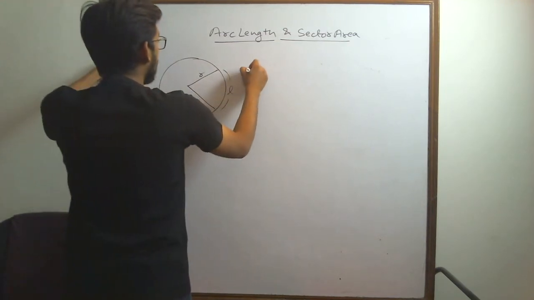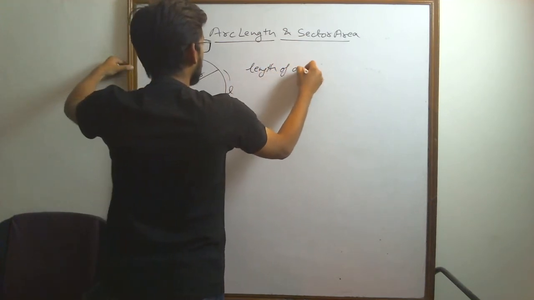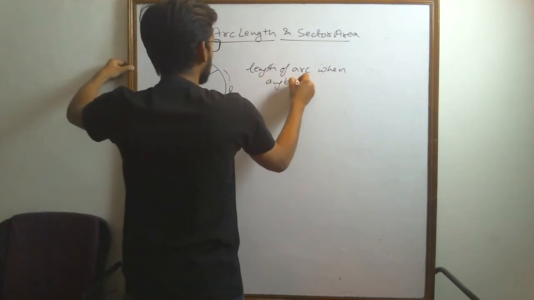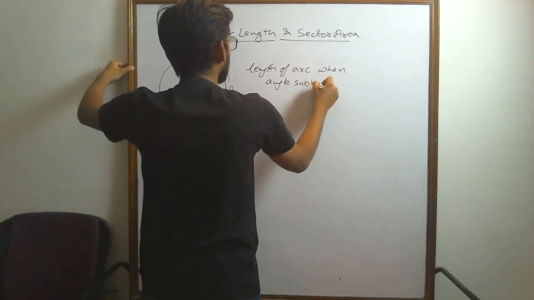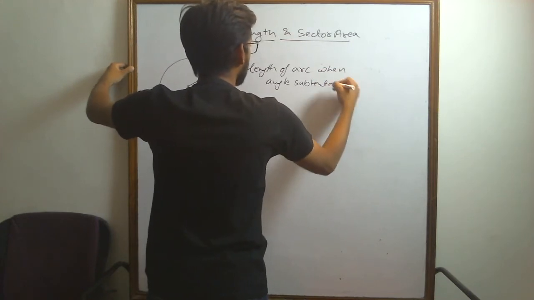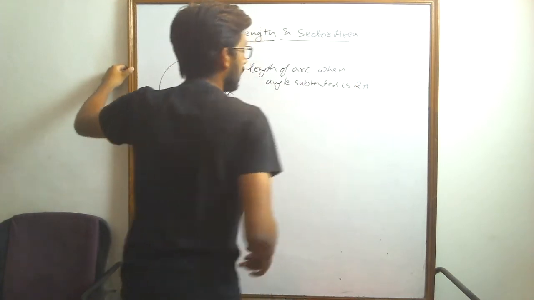Now the length of the arc when angle subtended at center is 2 pi radians.